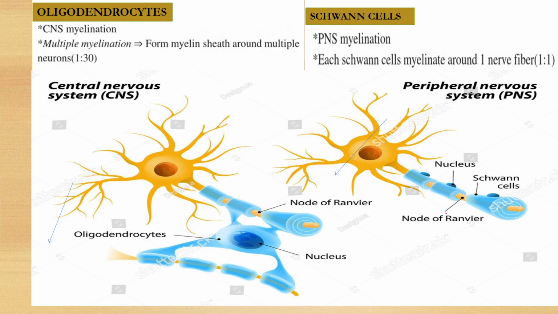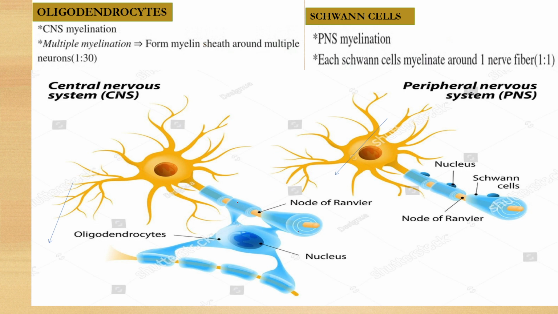The next type of neuroglia is oligodendrocytes. These oligodendrocytes are specially responsible for myelination of the axons. Myelination of axons in the central nervous system occurs due to oligodendrocytes.